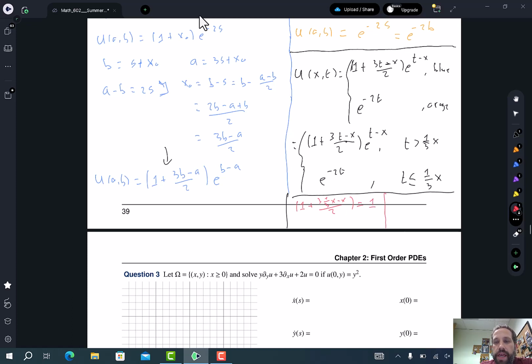And then if I look at t minus x, and t is equal to 1/3 x, this is 1/3 x minus x, which is minus 2/3 x. So if I plug in t is equal to 1/3 x, I'm going to get 1 times e to the minus 2/3 x. And if I come down here and plug in t is equal to 1/3 x, I'm going to get the same thing. So this is just a little verification that our solution is continuous on this seam where the two different solutions meet.